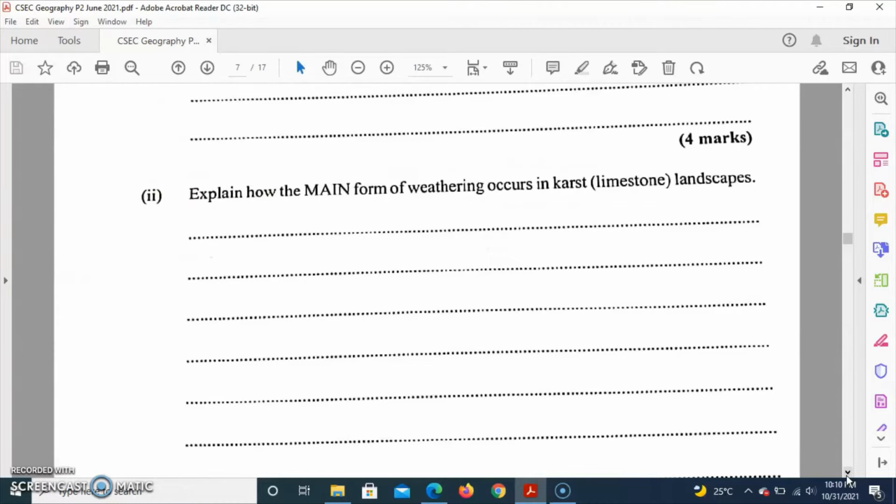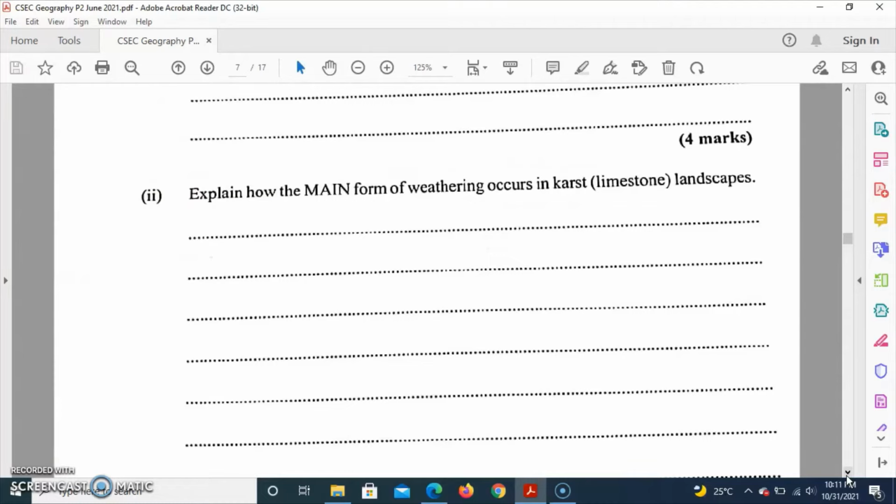With carbonation, rainwater absorbs and mixes with carbon dioxide in the atmosphere to produce a weak carbonic acid. Carbonic acid acts on the calcium carbonate in limestone to form calcium bicarbonate. Calcium bicarbonate is soluble, thus it is dissolved by water and carried away in solution.